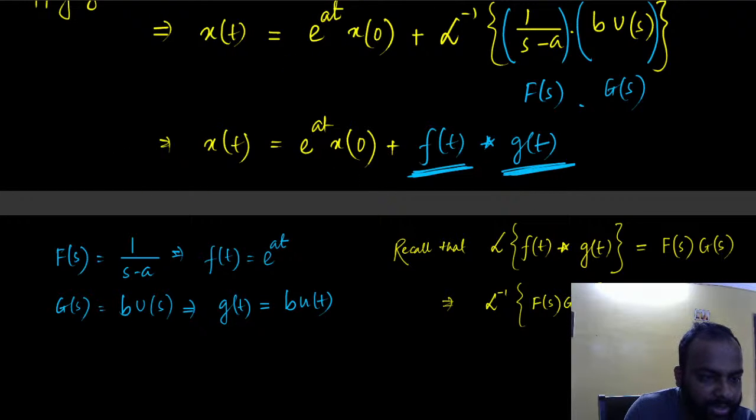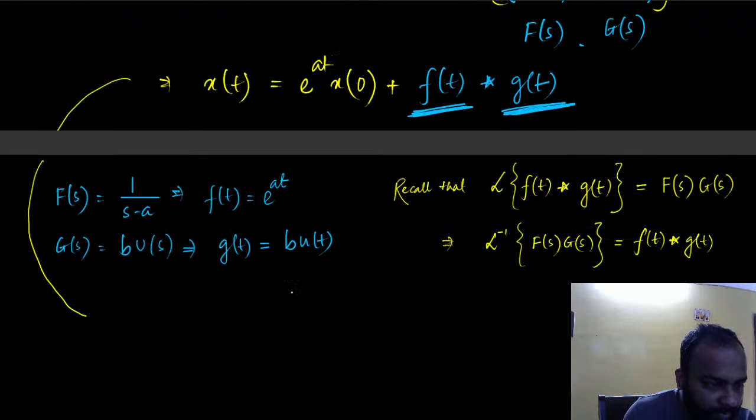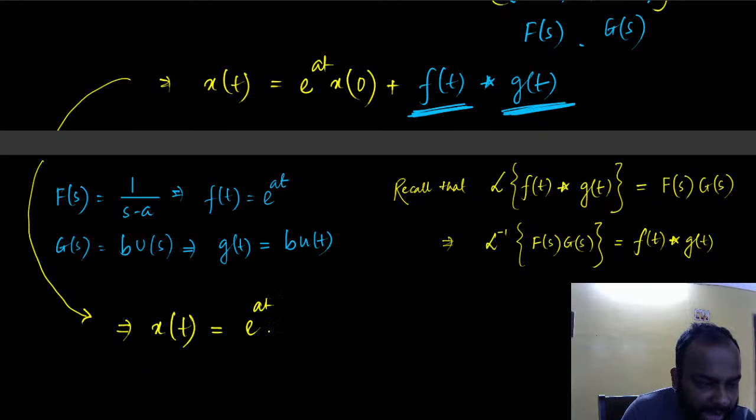So with this line, now this implies that x(t) is equal to e to the power at x0 plus the convolution of f(t) and g(t).